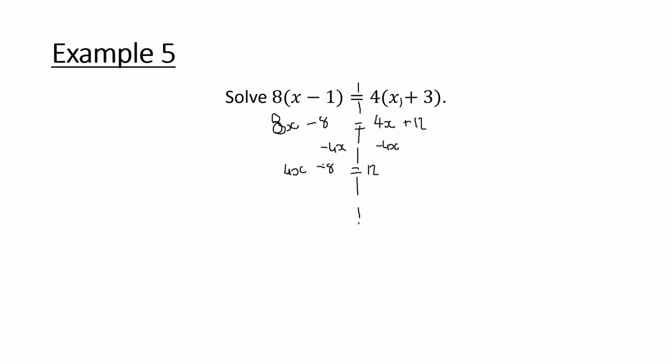And then we've got minus 8, so we have to add 8 in order to get rid of it, so we've got 4x is equal to 12 plus 8 is 20, and then divide both sides by 4, because currently it's multiplied by 4, and we're left with x is equal to 20 divided by 4, which is 5, so x is equal to 5.